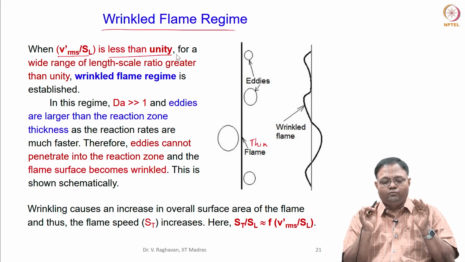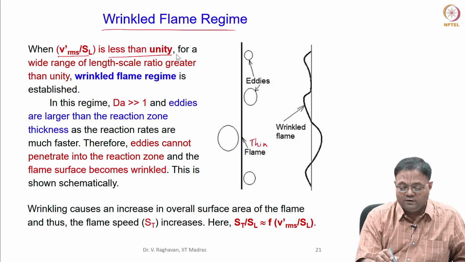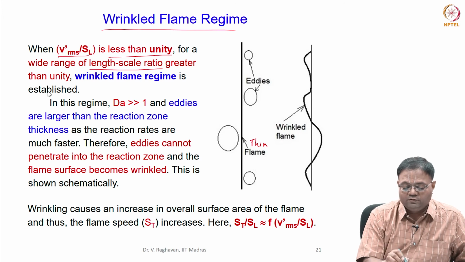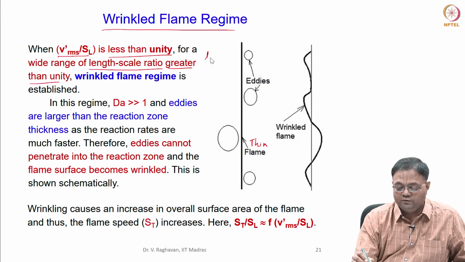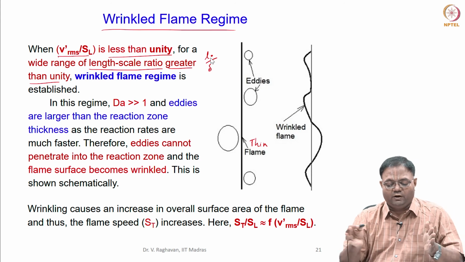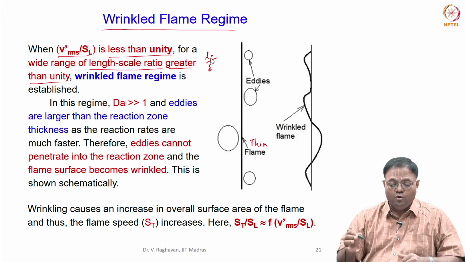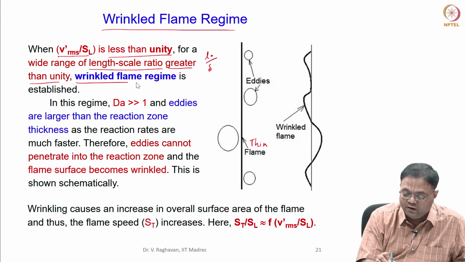Now once you fix this relative intensity, then for a wide range of length scale ratio L0 by del greater than 1, because already you can see that del is smaller, you get what is called the Wrinkle flame regime.